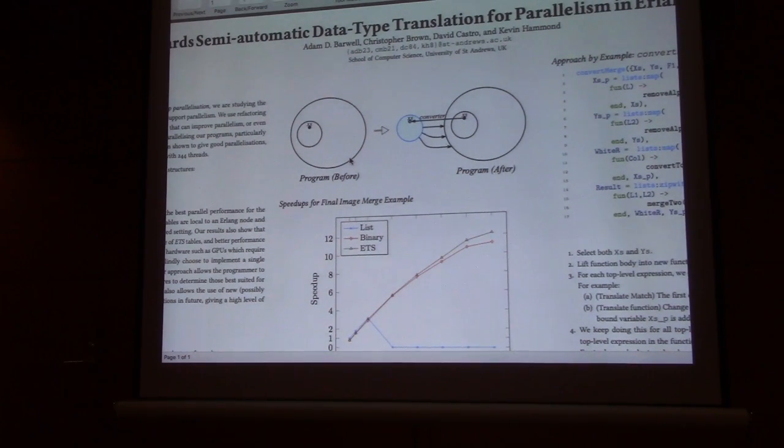It allows you to pick some function that uses some variable of some data type. It takes that variable as an argument, you select the variable and ask, okay, I want to change this to be a binary or an ETS table or something like that.